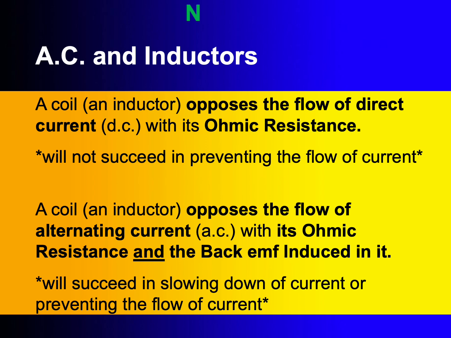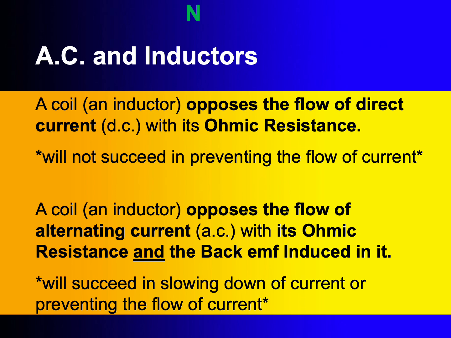So when we look at alternating current and inductors connected to AC sources, we can compare DC versus AC and what happens in each case. A coil or an inductor opposes the flow of direct current only with its ohmic resistance.